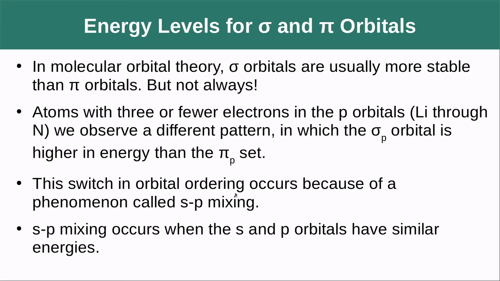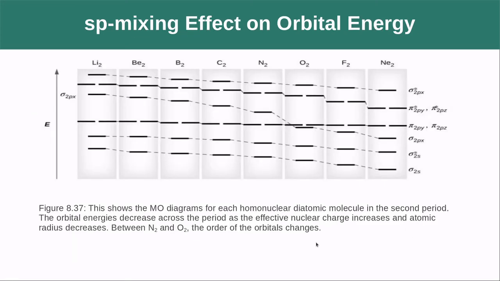This switch in orbital ordering occurs because of a phenomenon called sp mixing, which occurs when the s and p orbitals have similar energies. It's not really important to understand sp mixing, but just to know that this sigma 2px orbital is going to be higher in energy than the pi 2py and 2pz orbitals in cases where we have lithium, beryllium, boron, carbon, and nitrogen.